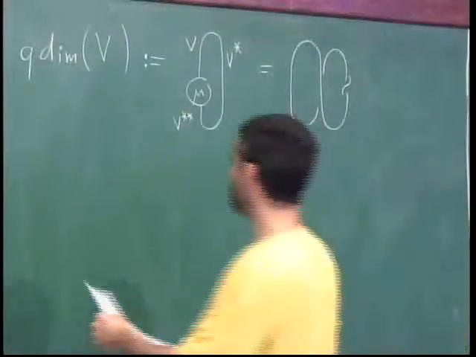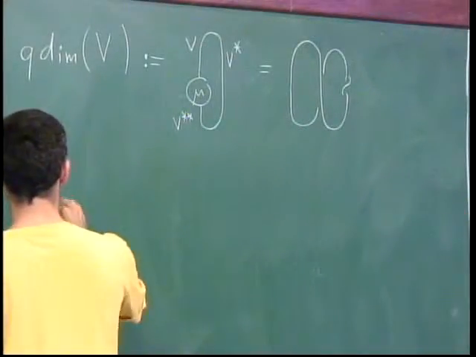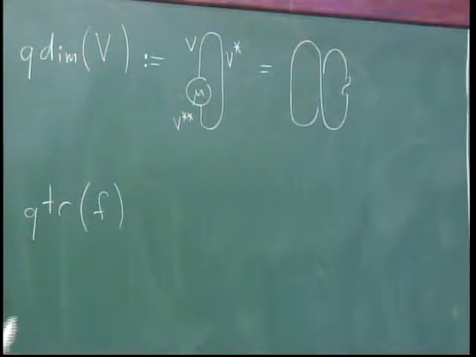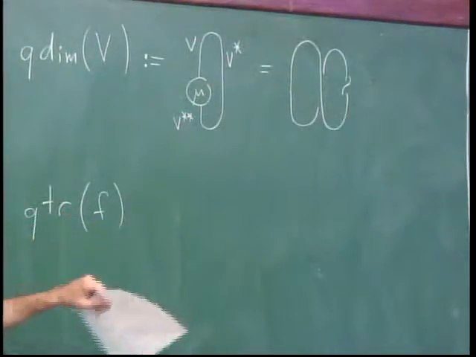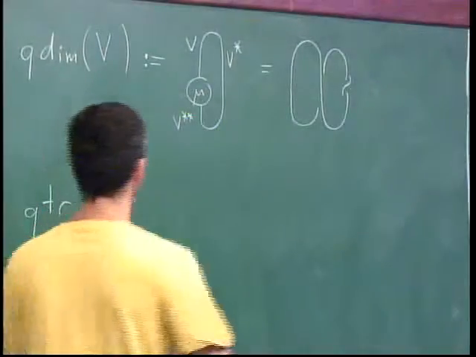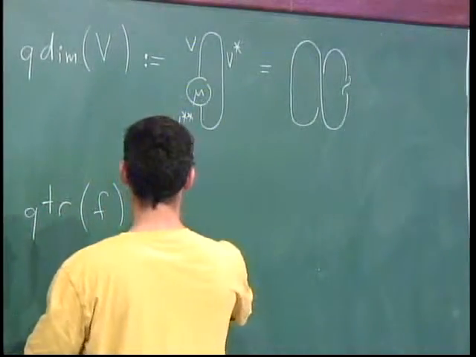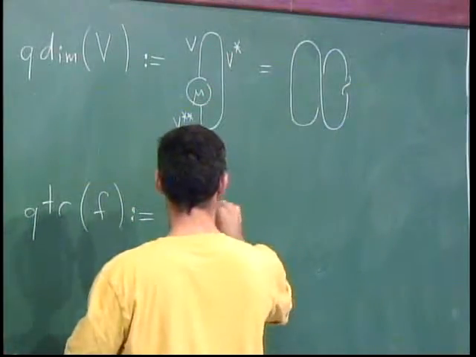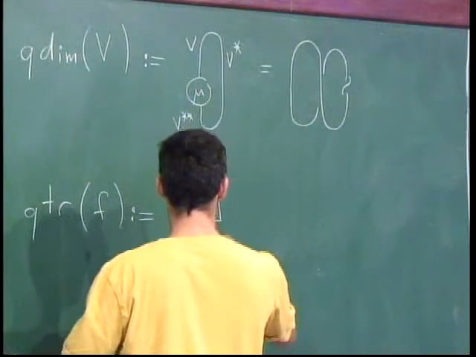Related to the quantum dimension is the notion of quantum trace of a map. Suppose F is a map from V to V, then the quantum trace of F is defined as, well, the same thing but with an F on top.